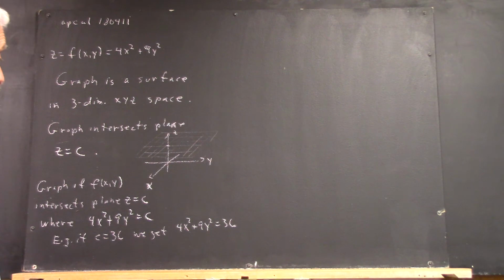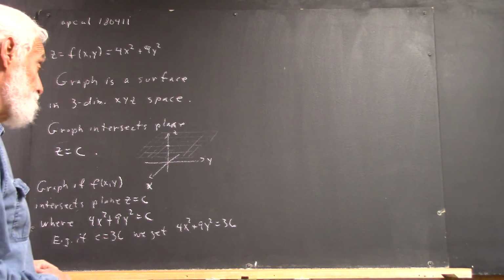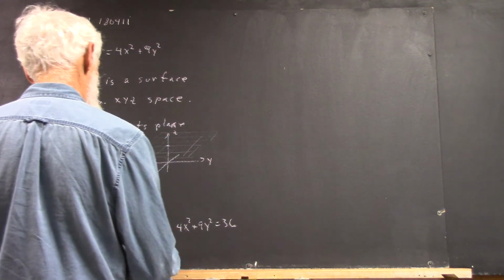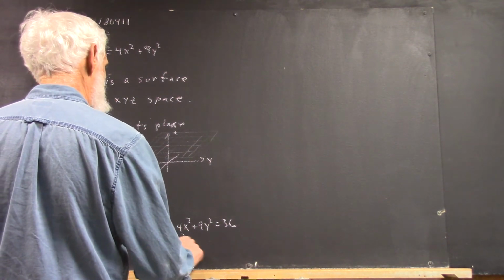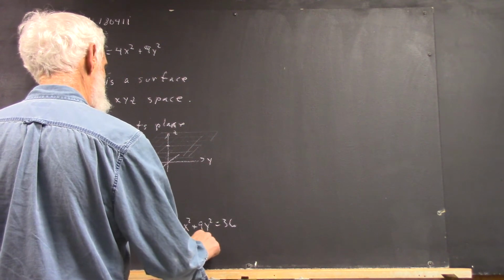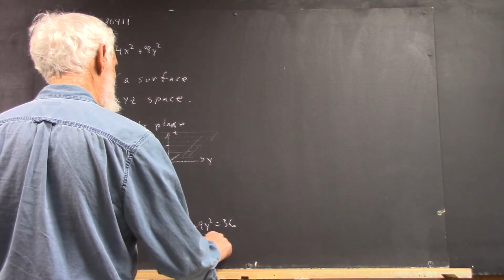Okay? If we divide both sides by 36, we get x squared over 9 plus y squared over 4 equals 1.